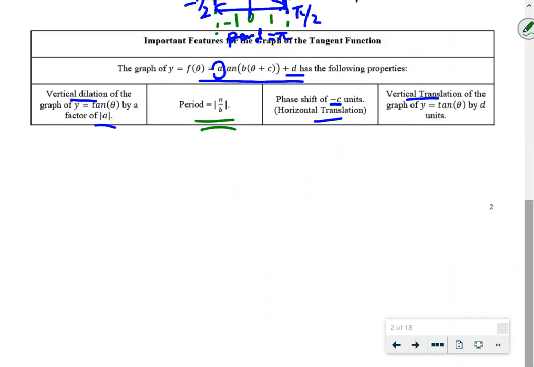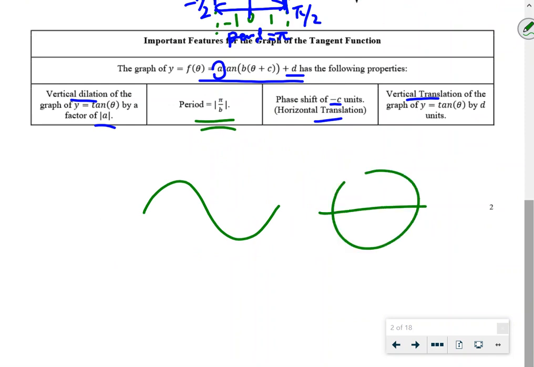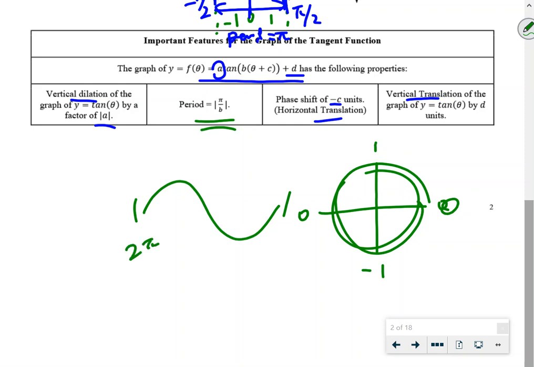If you ask me why, think about this. I'm finishing this cycle by looking at the unit circle values. When you are doing 0, 1, 0, -1, and 0, you need the entire circle to finish one cycle. So for sine, you are getting 2 pi from the parent function. I'm talking about period. When you think about tangent, I'm starting from here, 0.